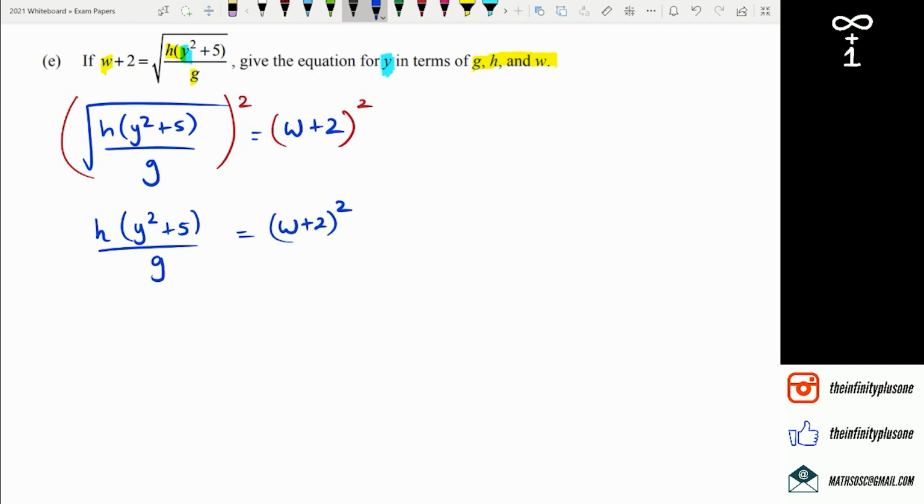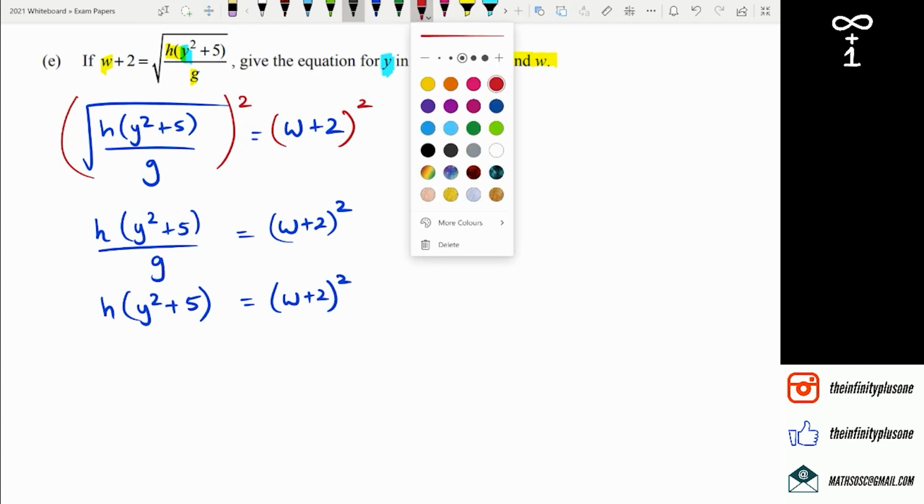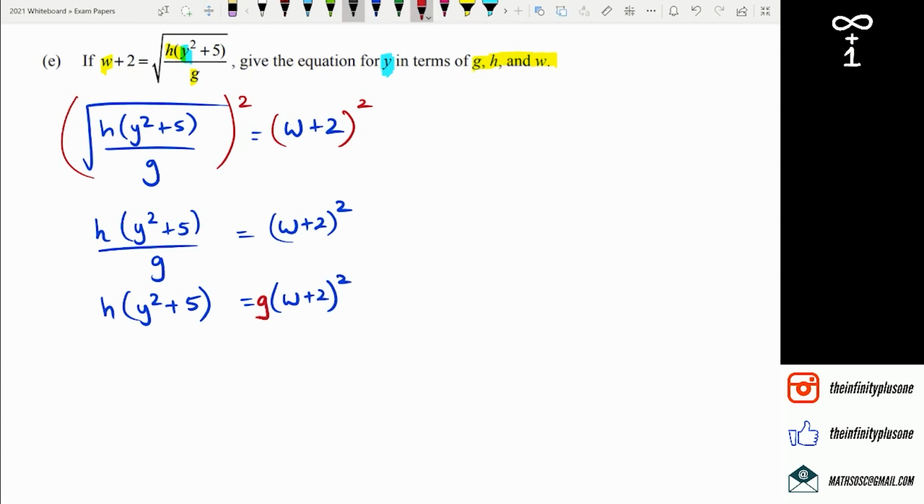Now, I do not need to expand the w plus 2 squared because this is just a rearranging equation. So I'm going to get rid of the g and h. So g, when I bring it across, is going to become multiplied. So it's going to become h bracket y squared plus 5 equals g times w plus 2 squared. Now I'm going to get rid of the h.